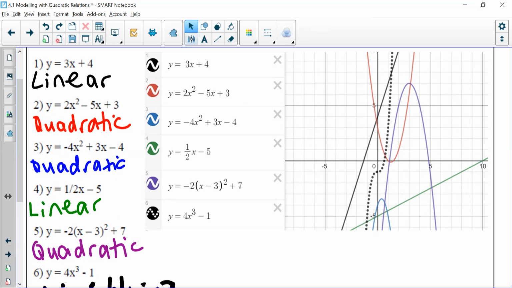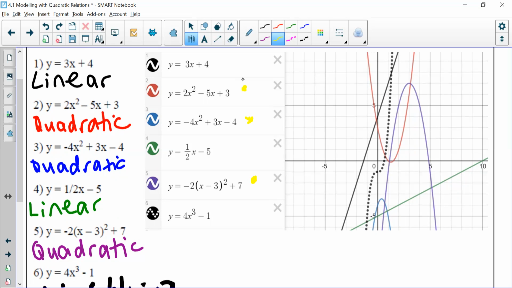Let's look at the quadratic ones, which we said were 2, 3, and 5. What do you notice about 2, 3, and 5 that might make them quadratic? What do they have in common? They all have a square.